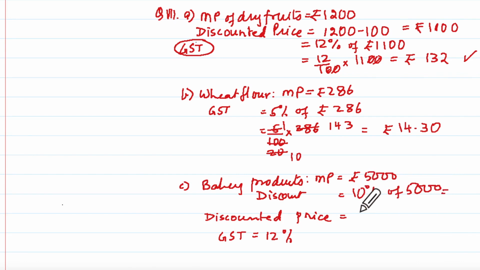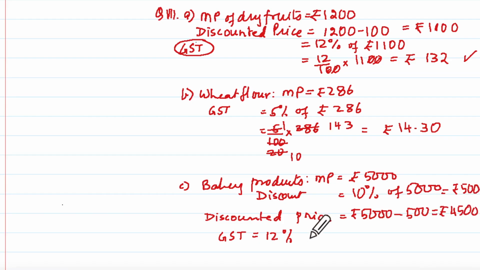So that will be 10 upon 100 into 5000. So that is 1/10. 1/10 of this will be rupees 500, correct?